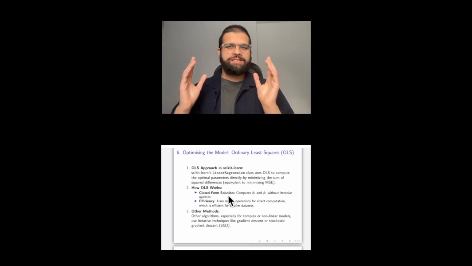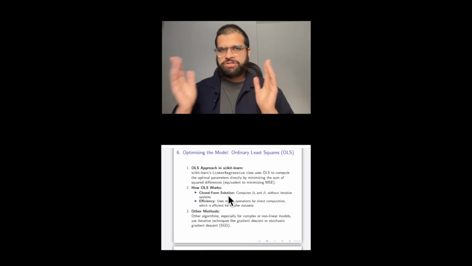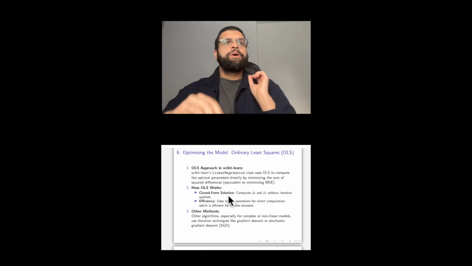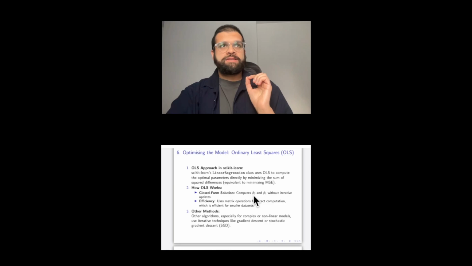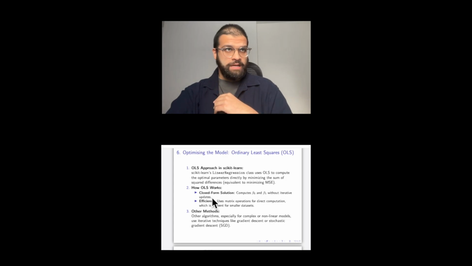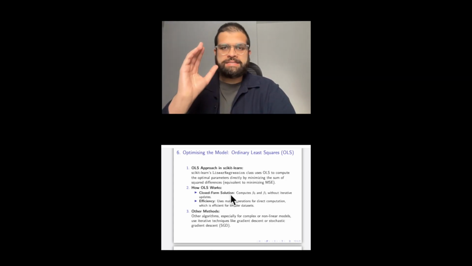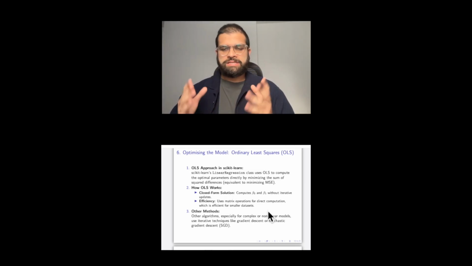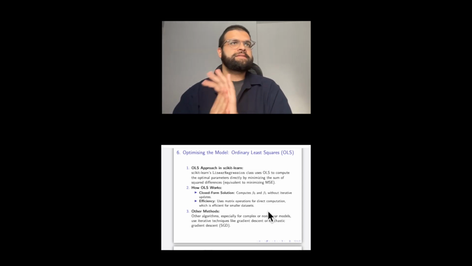That means you need to do some matrix manipulation and some computation, and then you get the optimal values for beta 0 and beta 1. So there is no iterative process, and eventually this algorithm stops. It's definitely going to stop, because there are only a finite number of computations, and it is very efficient for smaller data sets.